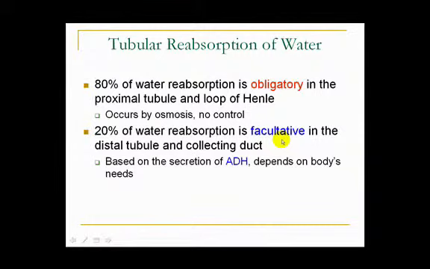Okay, you're not required to reabsorb it. And that's going to happen in the distal convoluted tubule. So it's going to be based on your body's needs. If you need to reabsorb additional water, you can. If you don't, then you will excrete it. So this occurs in the distal convoluted tubule and the collecting duct, and it's under the control of your antidiuretic hormone.